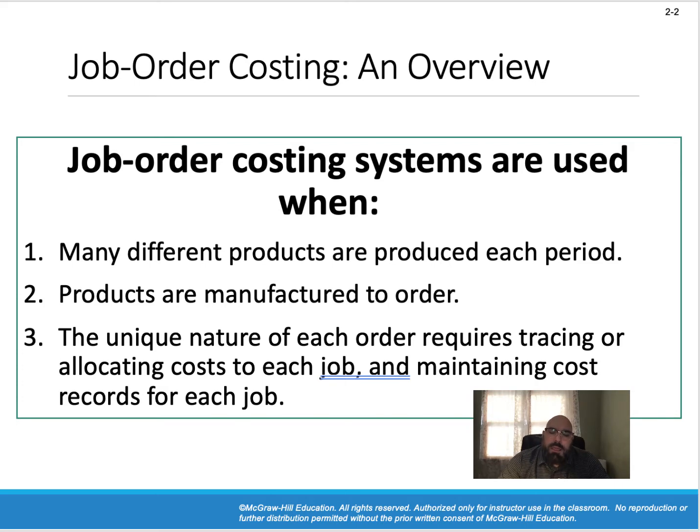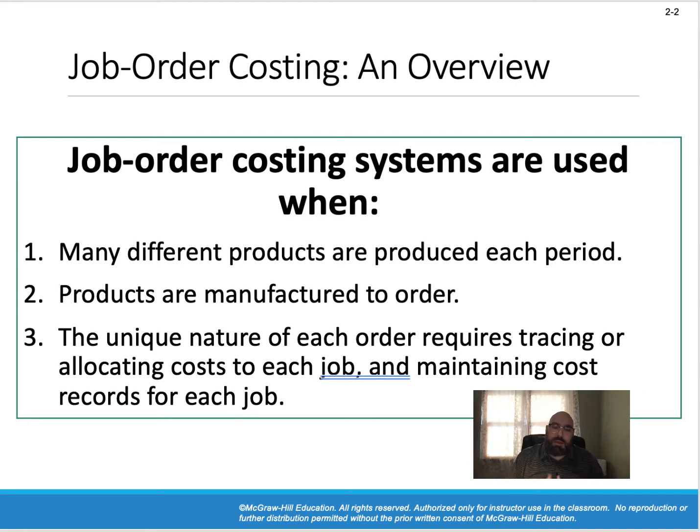First, the firm has to make a number of different products each accounting cycle. Second, the products are manufactured to order. And three, the unique nature of each job requires that management trace or allocate costs to each job, and we have to maintain records for each job.